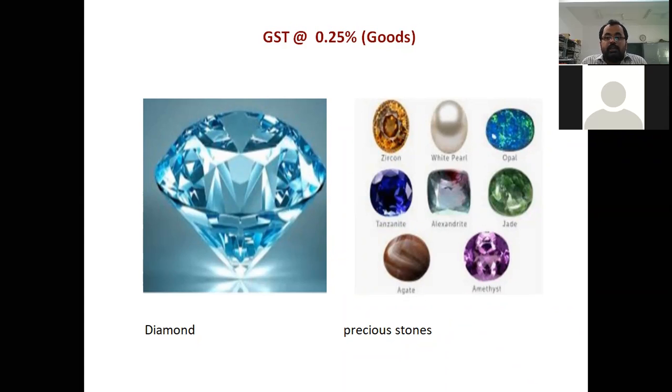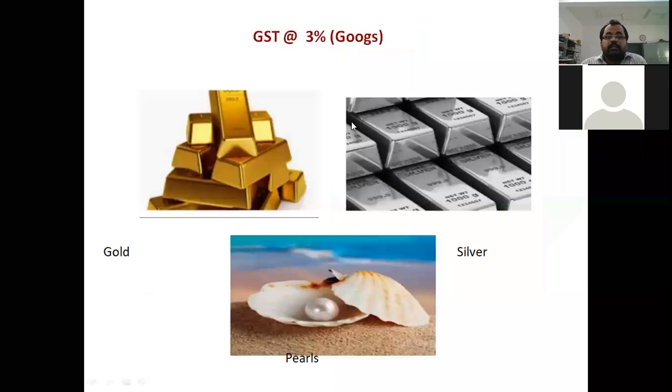Unworked stones come under 0.25% GST rates. Then GST at 3% relates to gold, silver, and pearls. These are the precious metals and valuables, especially in relation to GST, for which we see the rate at 3%.